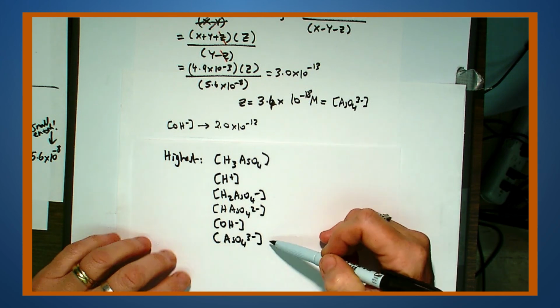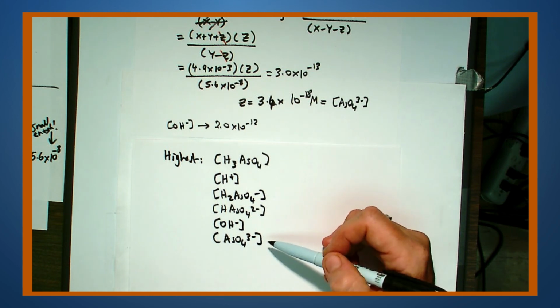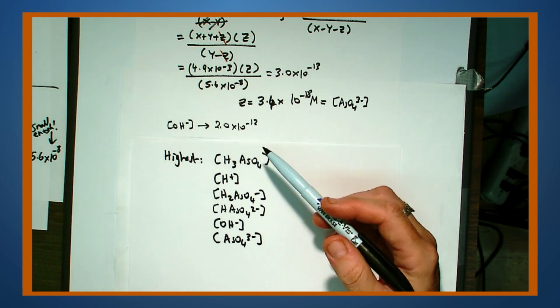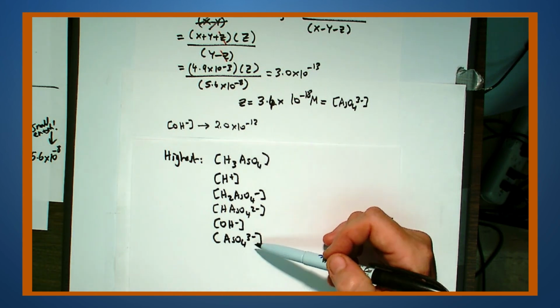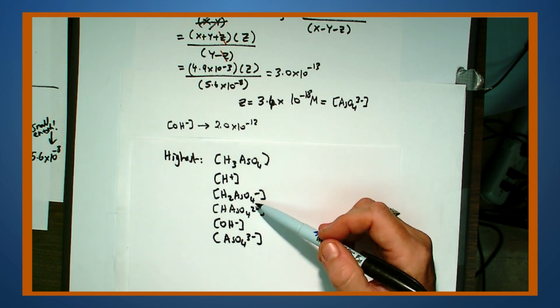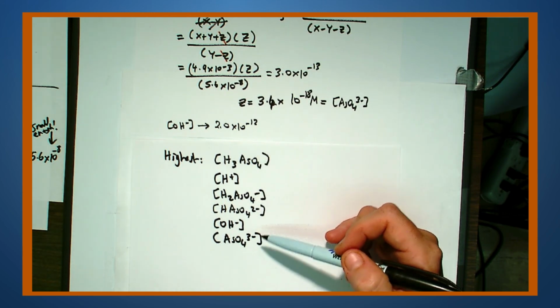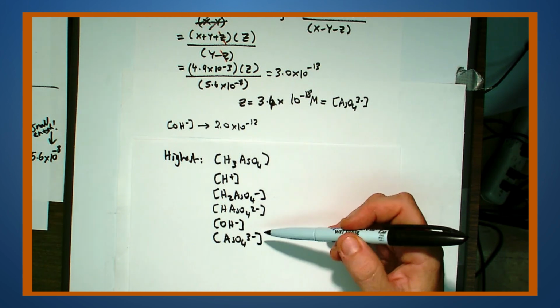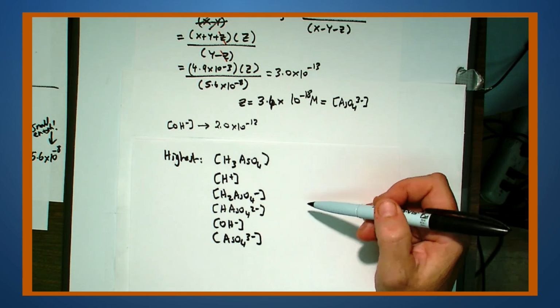In other words, almost none of them fully lost all 3 of their protons. And this is basically the same kind of pattern we see even in a diprotic, except you won't have as many species, but the one that's fully intact you'll have the most of, then the one that's lost 1 proton, and then the one that's lost both protons. It comes about because Ka1 is bigger than Ka2, which is bigger than Ka3, or Ka1 is bigger than Ka2 if you have a diprotic.